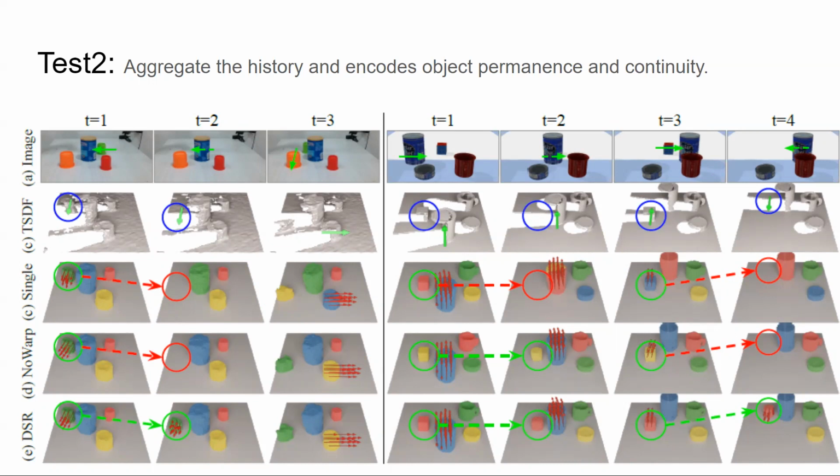So here is our DSRNet. This one is being moved, and even though it is being occluded by the blue one or the green one, because the camera view is from this side, it is able to correctly predict the instance of the object. However, it is not always certain.